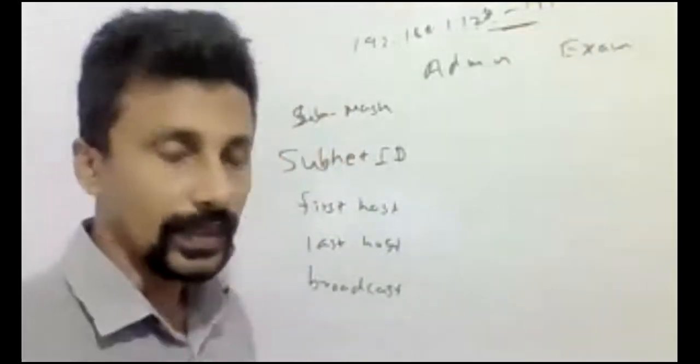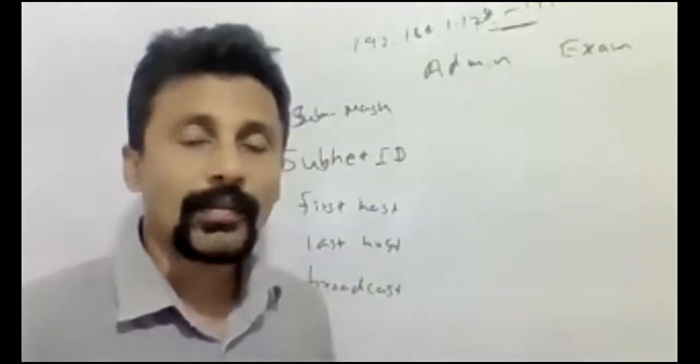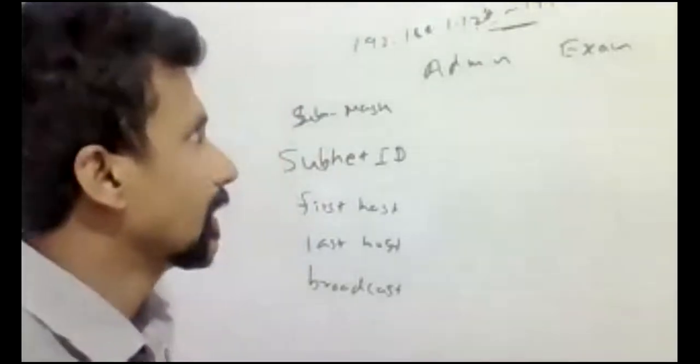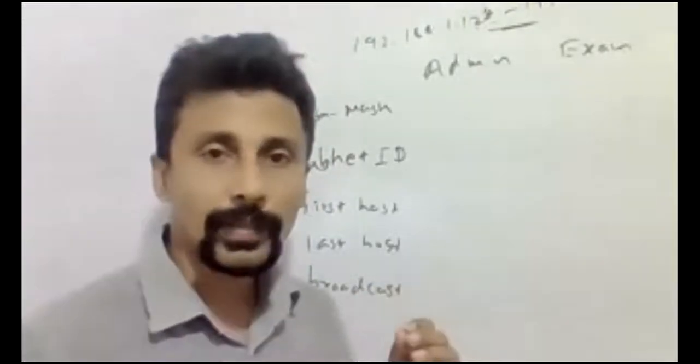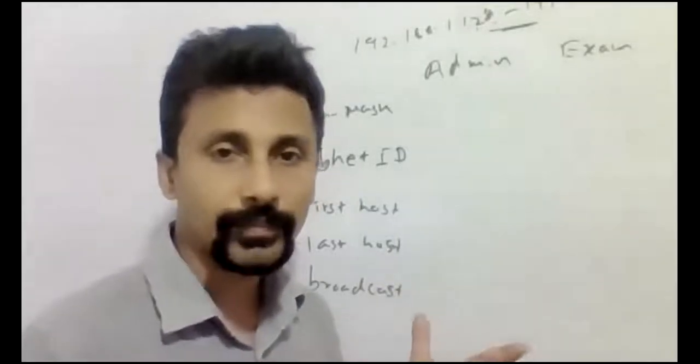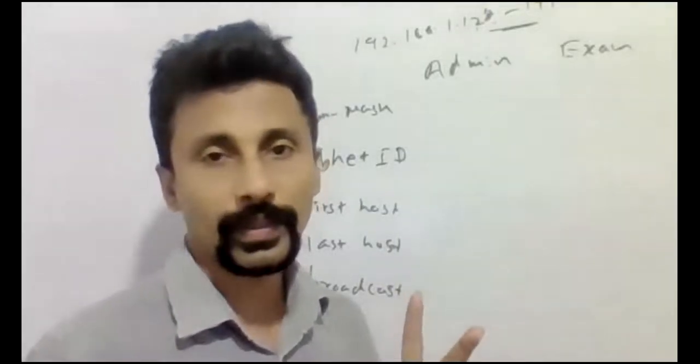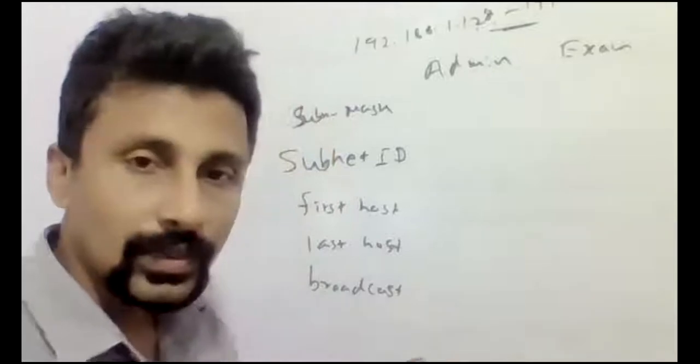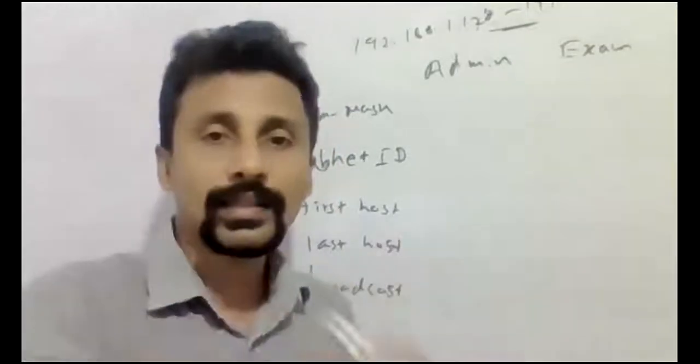Right? Then we have another network. After creating this engineering network we can create 4 subnets, because we have taken two bits, so inside that you again have to create another subnet.